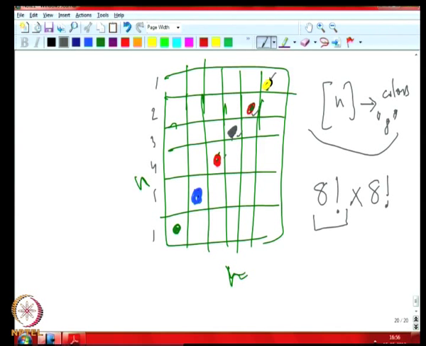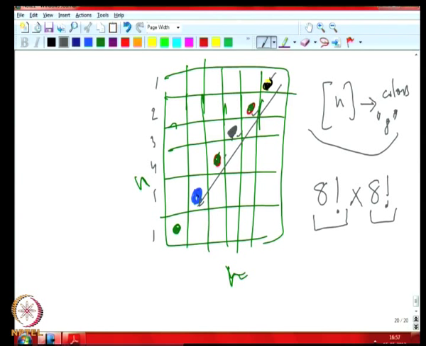Now, for one positioning we can assign the colors. Assigning the colors means we decide which color to put here, which color here, which color here; that will be another 8 factorial. Either we can say that we are permuting all the 8 colors in any way, an ordering of the colors, or we can say that it is a bijection from the set 1 to n to the set of colors.